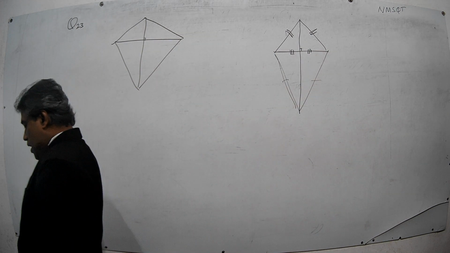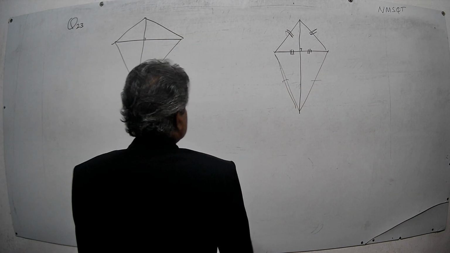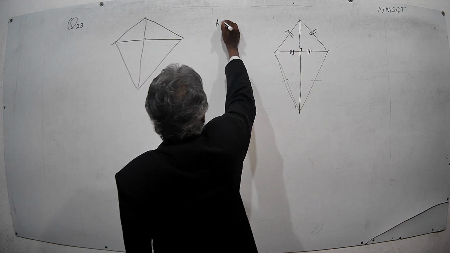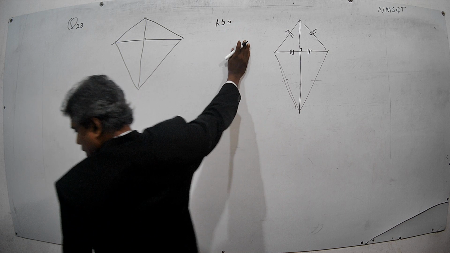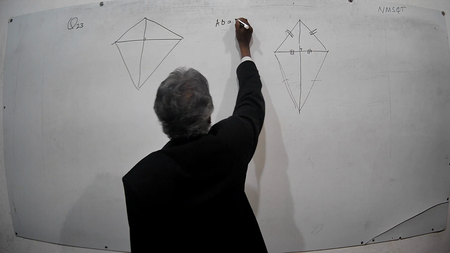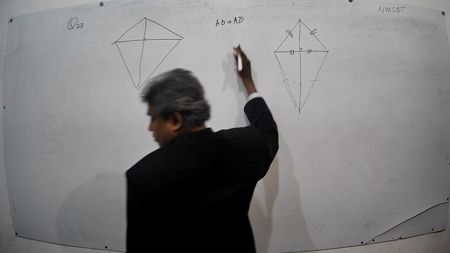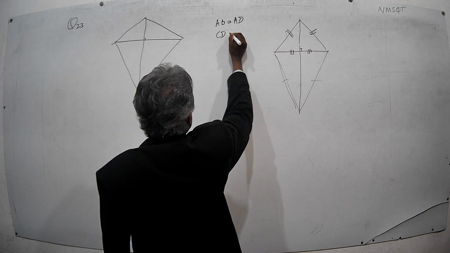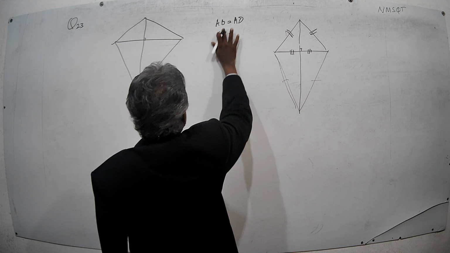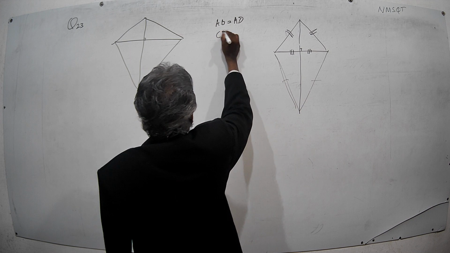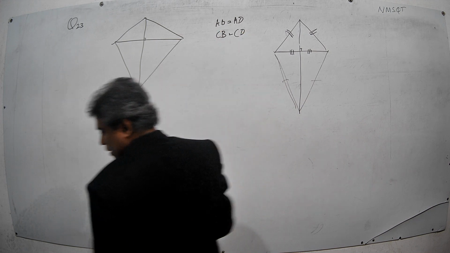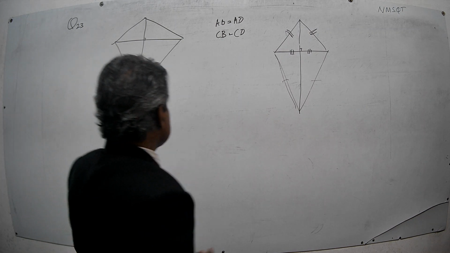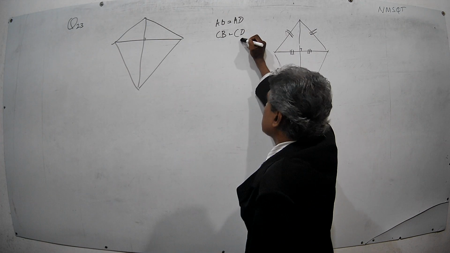Right. Then they say AB equals AD. So these two sides are equal. Then CB equals CD. Now this must be the two pairs of equal sides.